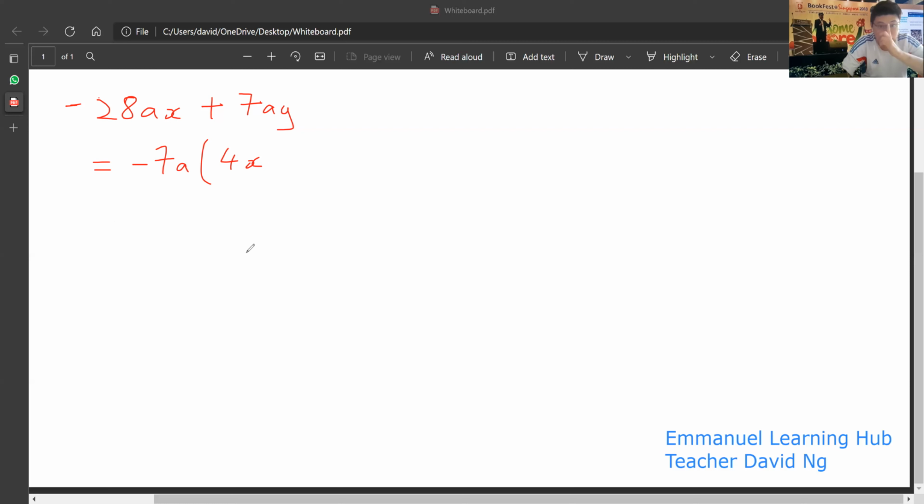Plus 7y. 7 times what gives you this? 7 times 1, so it's 1y. It's just y only. Plus or minus? Plus. It's minus. Minus times minus is plus. Negative times negative is positive. So you take out negative 7a, what you take out from here must be minus.